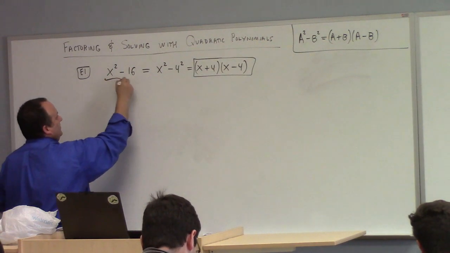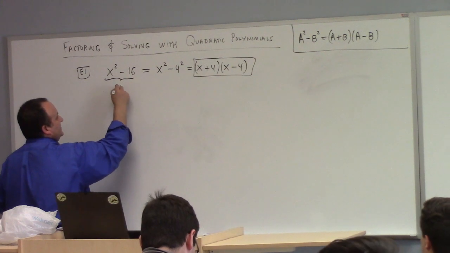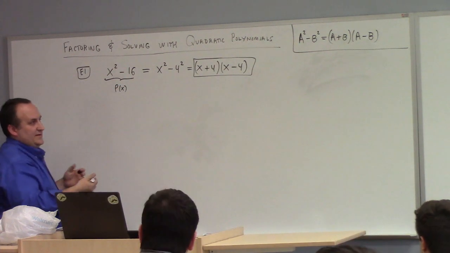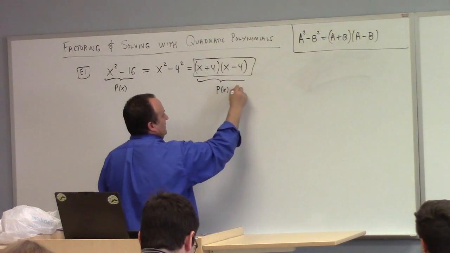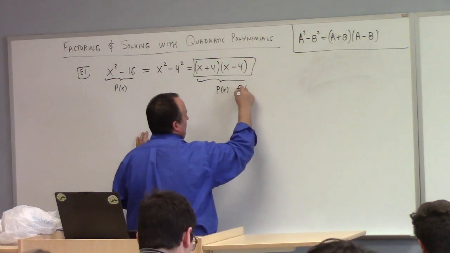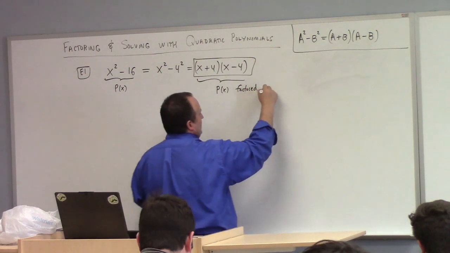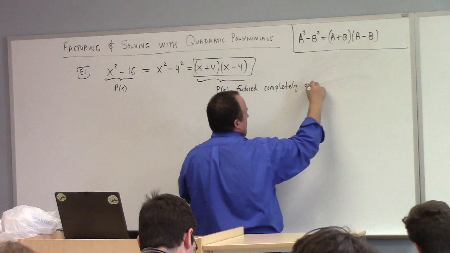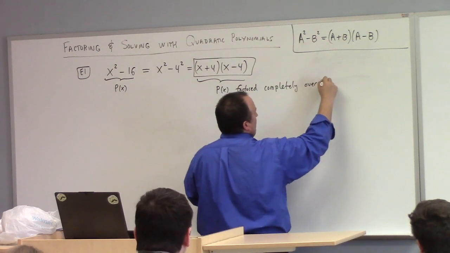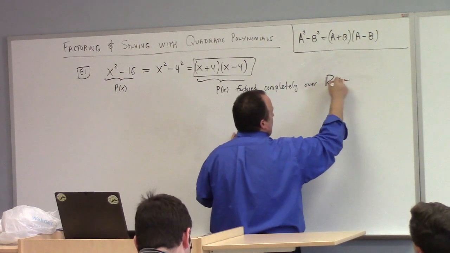If I give this thing a name, I could call it p of x. This is p of x factored completely over the real numbers. So this is my symbol for real numbers.